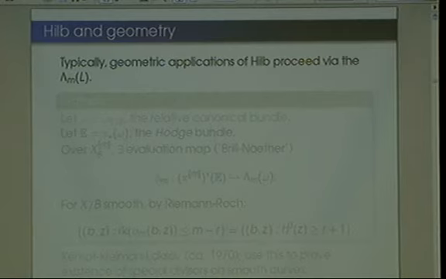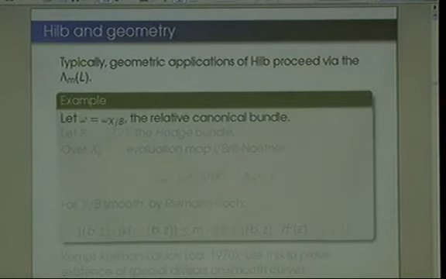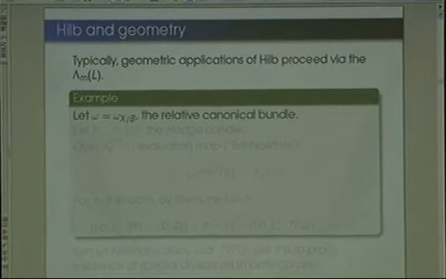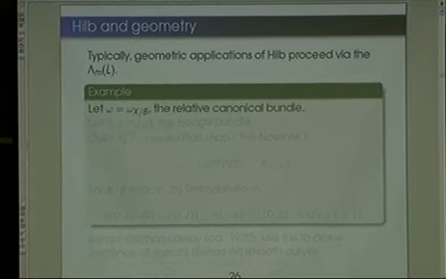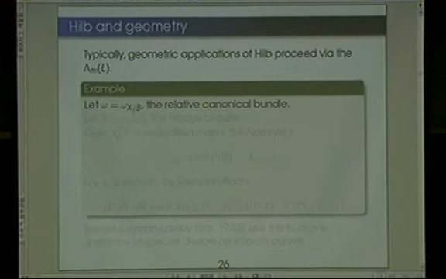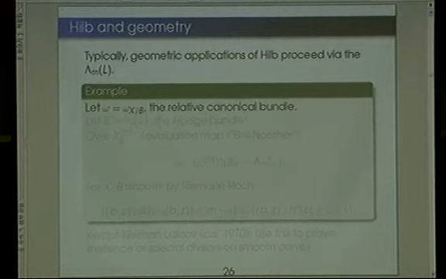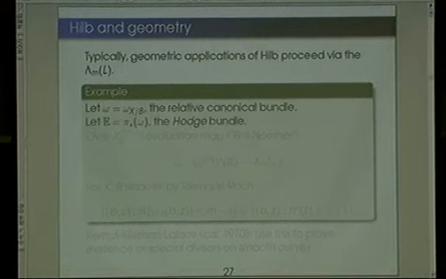What typically happens in applications of the Hilbert scheme to geometry is that what you're actually working with are these tautological bundles associated to various vector bundles, or even just the canonical bundle. So as a classical example, you can consider the relative dualizing sheaf of the family, the relative canonical bundle, and its direct image over the base, which is called the Hodge bundle.